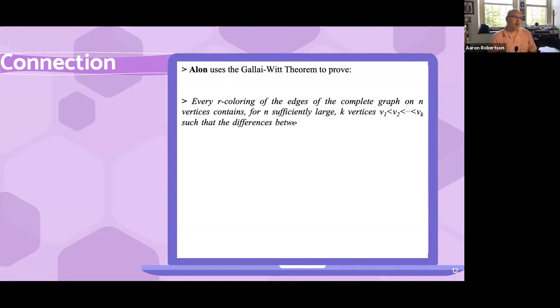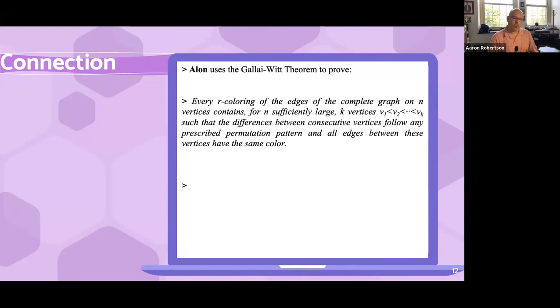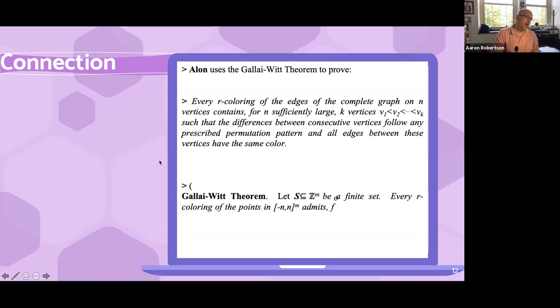Ramsey's theorem says that we have these monochromatic complete subgraphs. Alon's result says that we can take the vertices so that the difference between consecutive vertices follows any permutation pattern you want. And so it actually combines those 2, which I think is a very interesting result.